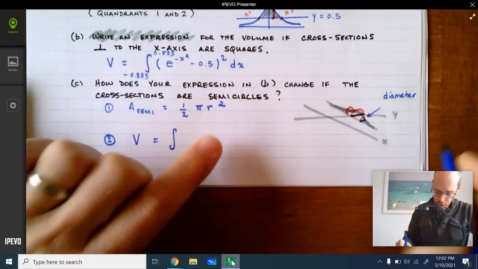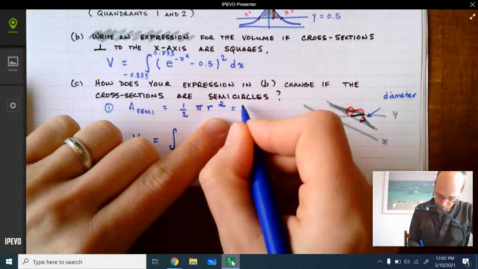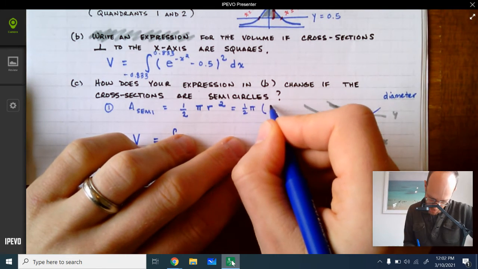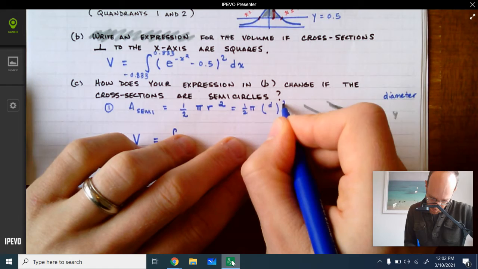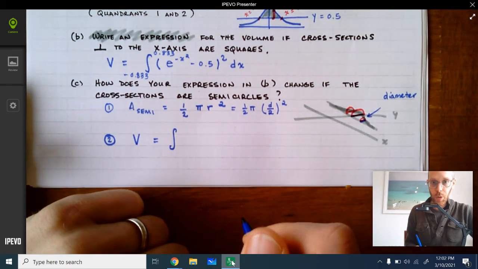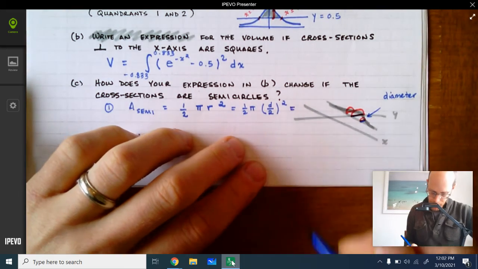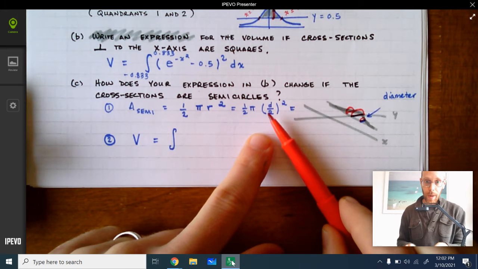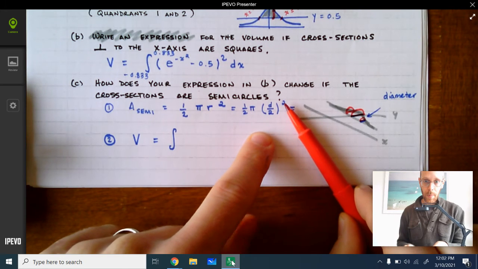So what we need to do is take this equation and change it to 1/2 pi times the radius, which would be the diameter divided by 2. And if we simplify that down, you're going to square this too, because it's inside the parentheses.